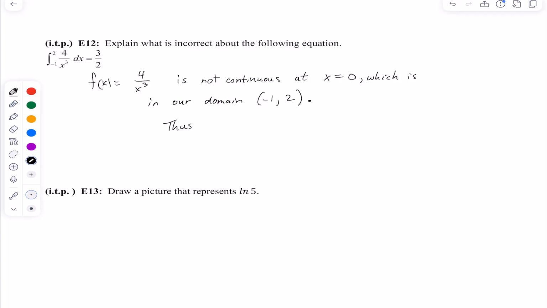Thus, we cannot apply the fundamental theorem of calculus part 2, and this equation is very false.